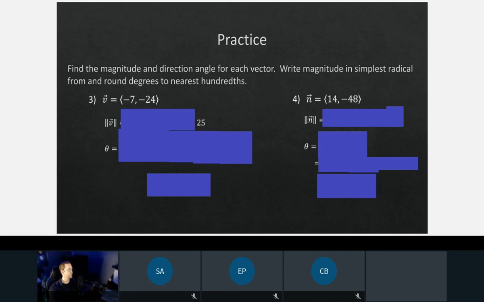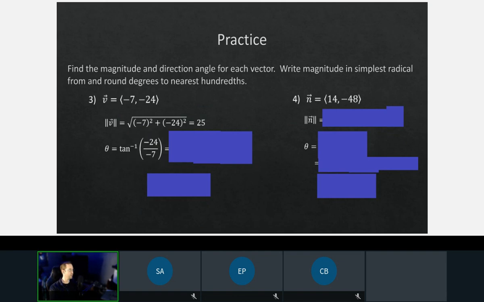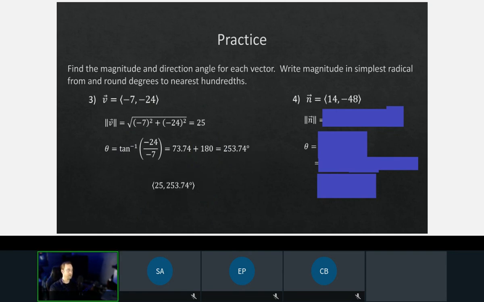So yeah, everyone got the magnitude correct. The original angle that you found is in quadrant 1, but the point is in quadrant 3. So you have to add 180 to it, and that was your tiny mistake that cost the entire problem. Other than that, nice job, everyone.